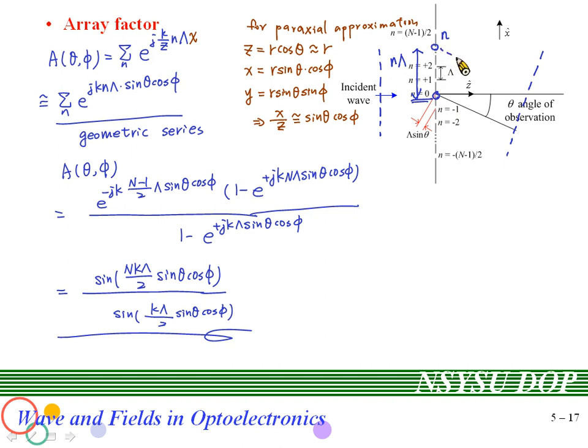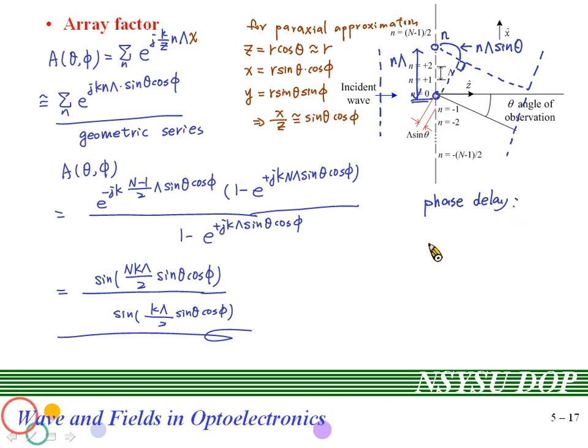And we know that the optical path difference between these two fields will be this distance. Okay? And clearly, this distance is n times capital lambda times sine theta. So what will be the phase delay between these two fields?